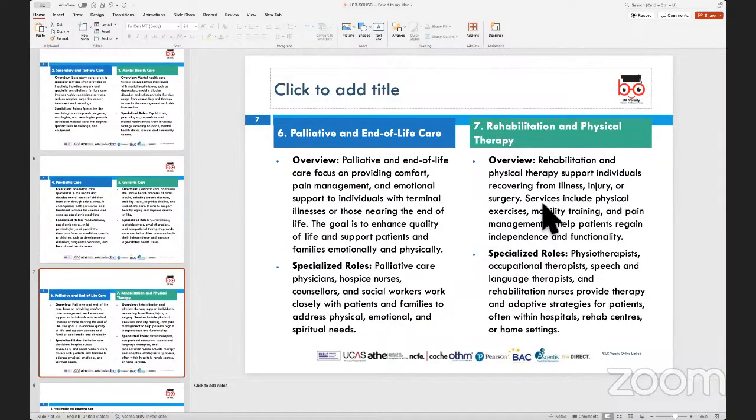Then we talked about palliative care. When we talk about palliative care, essentially we are looking at care provided to individuals, focused on improving quality of life, for people who have terminal or life-threatening illnesses. Here, people would typically be dependent on others, by which I mean family and care professionals, to carry out their day-to-day functions.